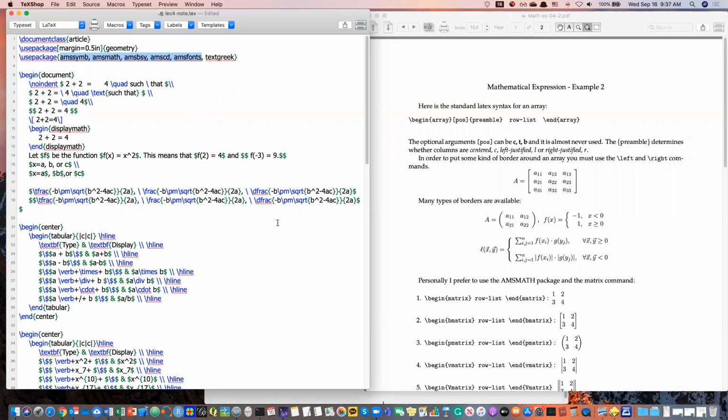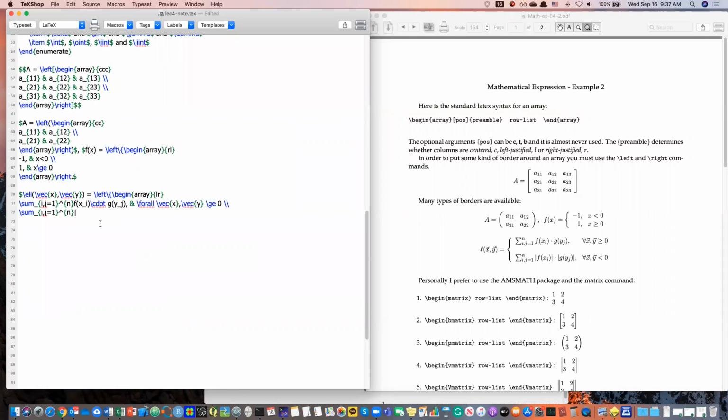Keep in mind this. So back to here. Now vertical line and then f of x of i, vertical line, and then c dot, and then g of y sub j, comma, and then v c x, comma, v c y, less than 0, and then end array.